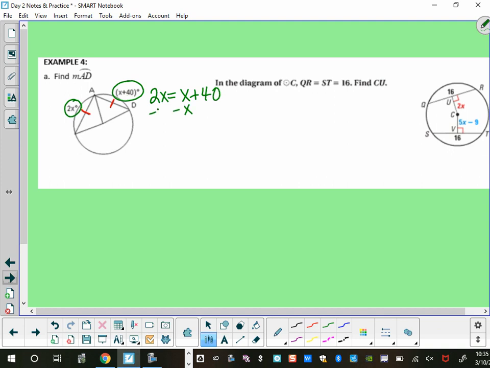Minus 2. Oh, no, minus 1. Yeah, subtract x. So 2x minus 1x is just 1x, which is equal to 40. So x is equal to 40. They did not ask me for x. They asked me for the measure of arc AD. 80.